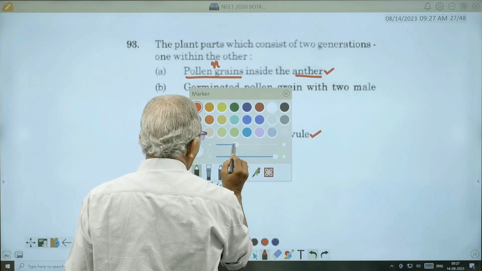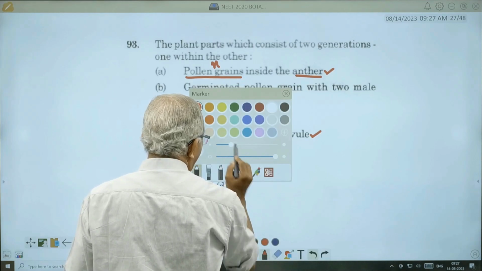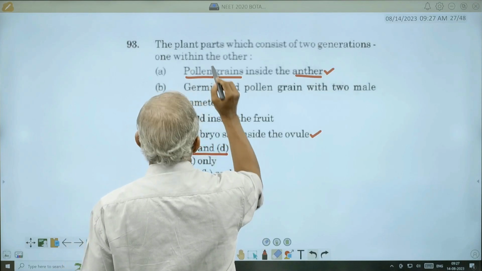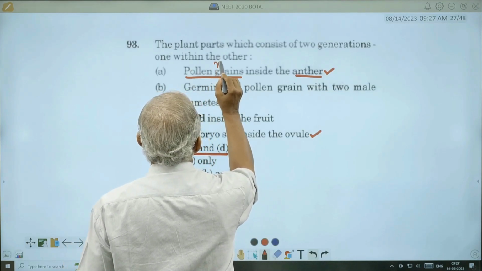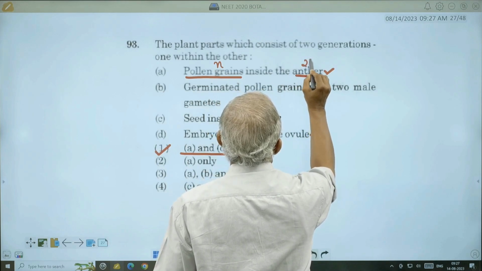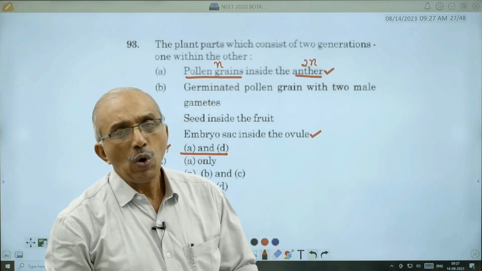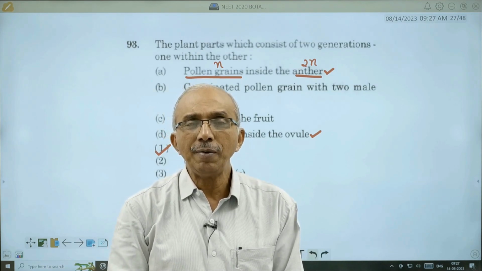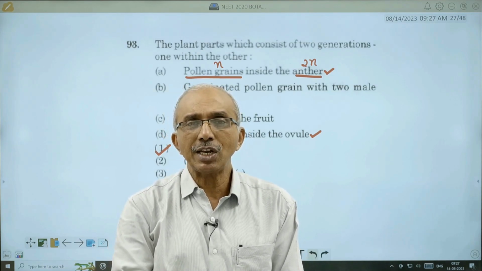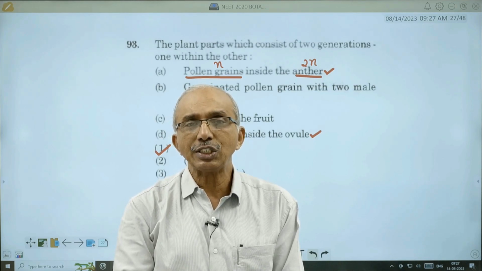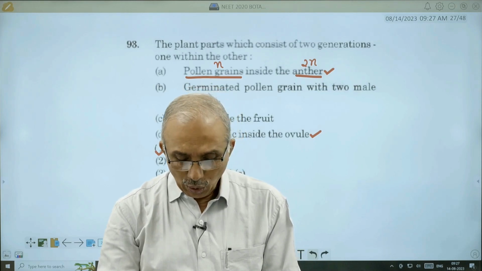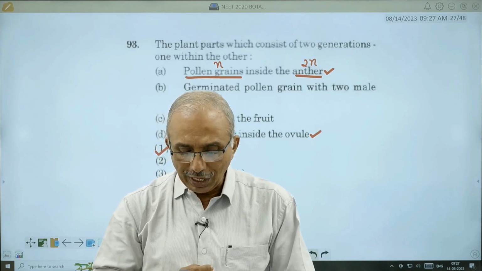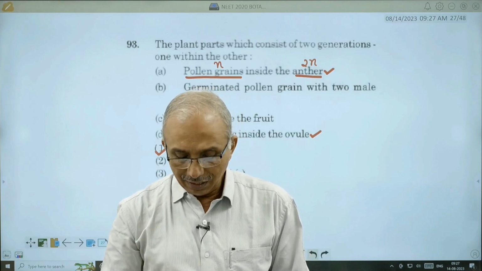Pollen grains are haploid. Anther is diploid. So pollen grains represent the gametophytic generation.